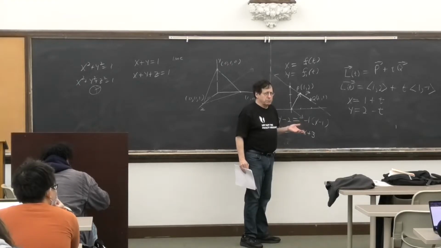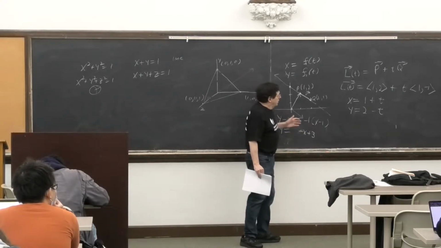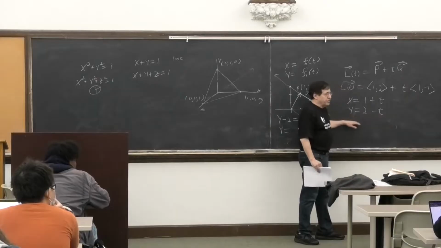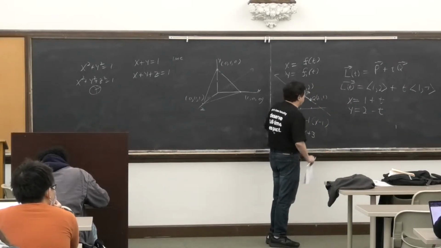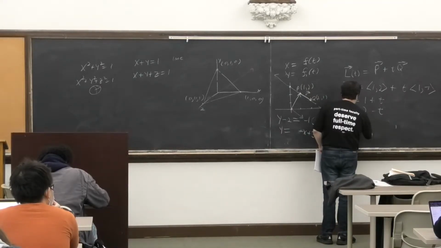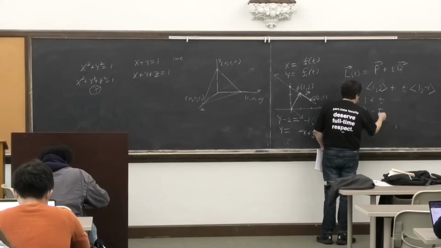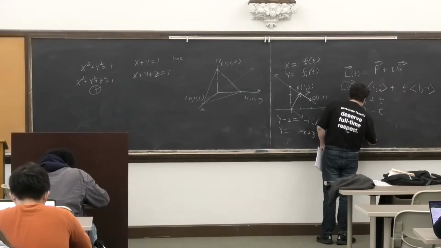Let's just be a little skeptical. Can we recombine these to get back to whatever our equation was? Well, let's just add these two equations. The t drops out, and if I solve for y, I get negative x plus 3.